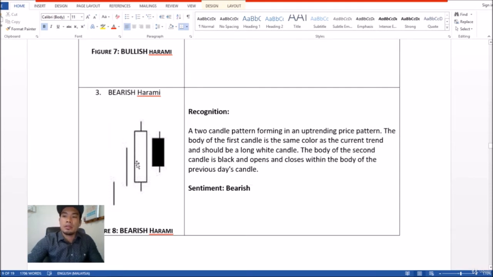If you see this, the price may temporarily or permanently reverse downward. This is a very strong indicator.